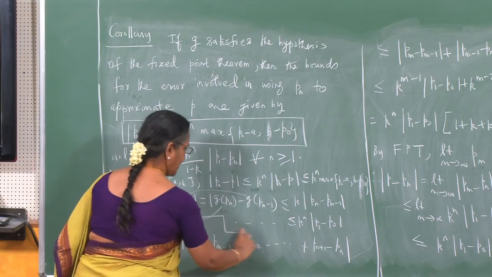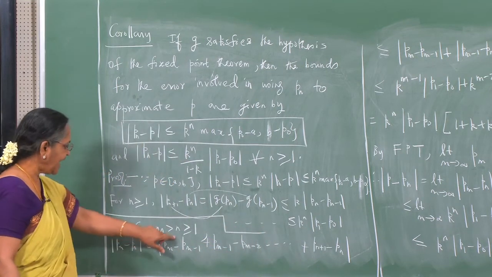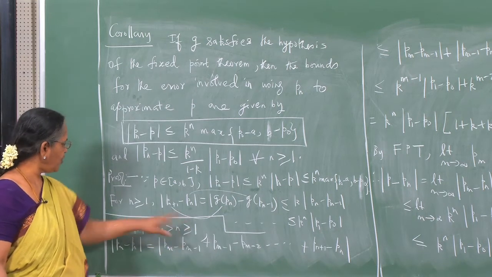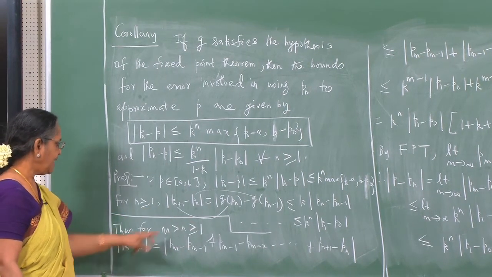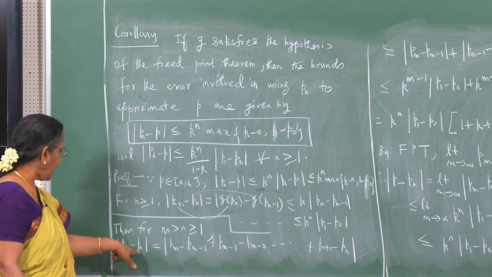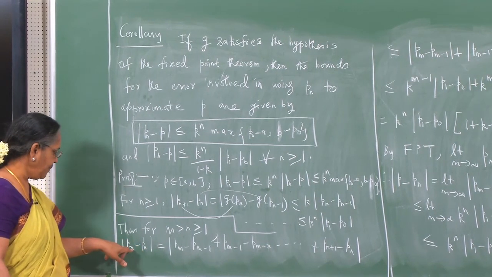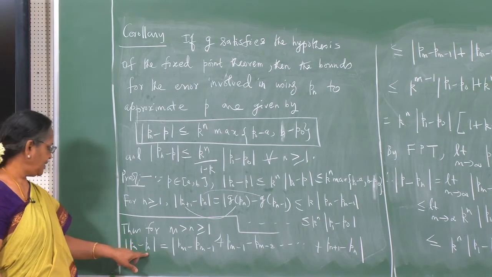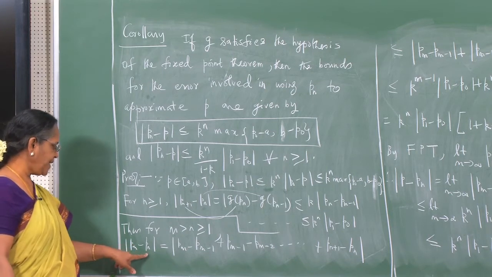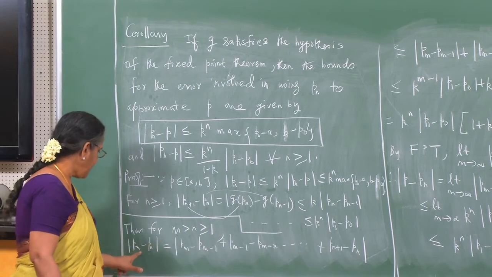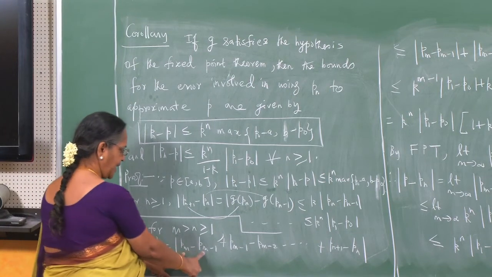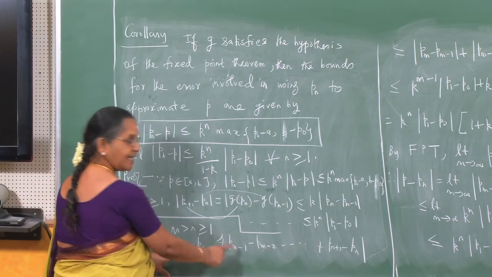Now, I consider m greater than n greater than or equal to 1 and consider the absolute value of the difference between P m and P n. So, P m minus P n is P m. Now, I subtract P m minus 1, add P m minus 1.